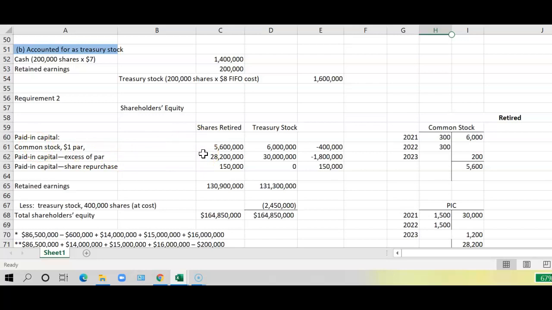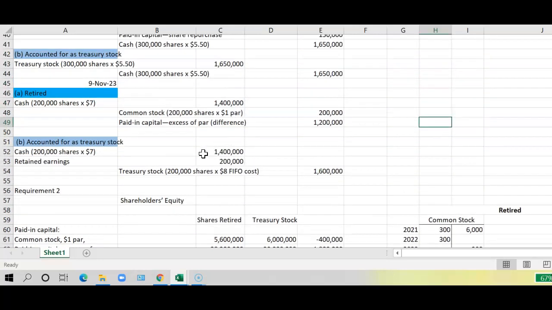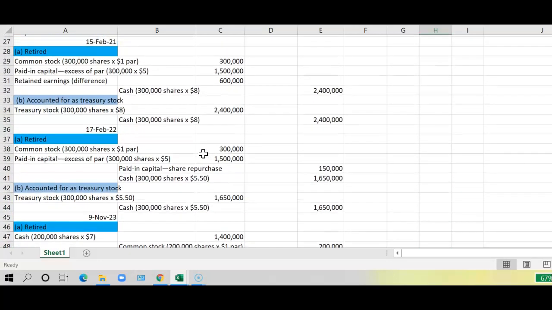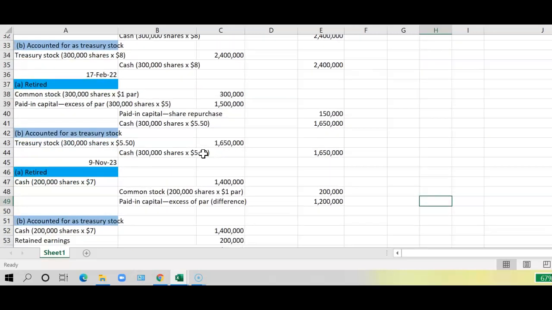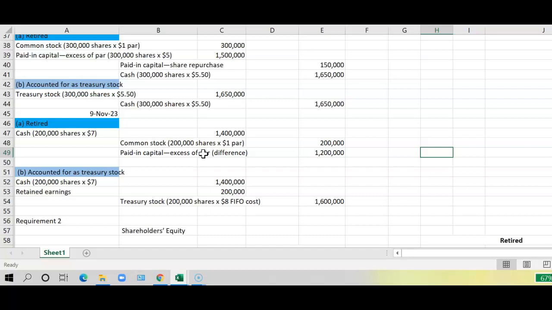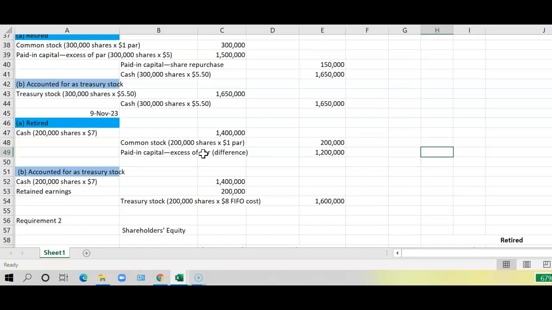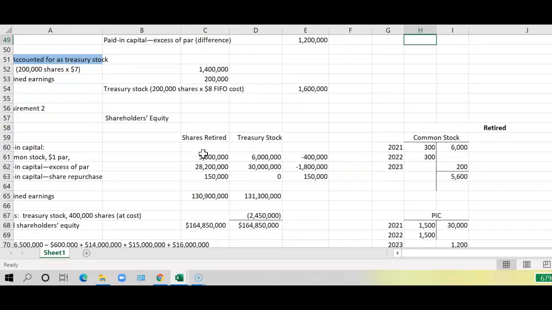The next account we're going to look at is paid-in capital in excess of par. We know from the beginning of 2021, the beginning balance was given to us at $30,000. For the transactions in 2021 and 2022, the retirement of the stock, the actual paid-in capital was debited for $1.5 million. And in 2023, paid-in capital was increased by $1.2 million.